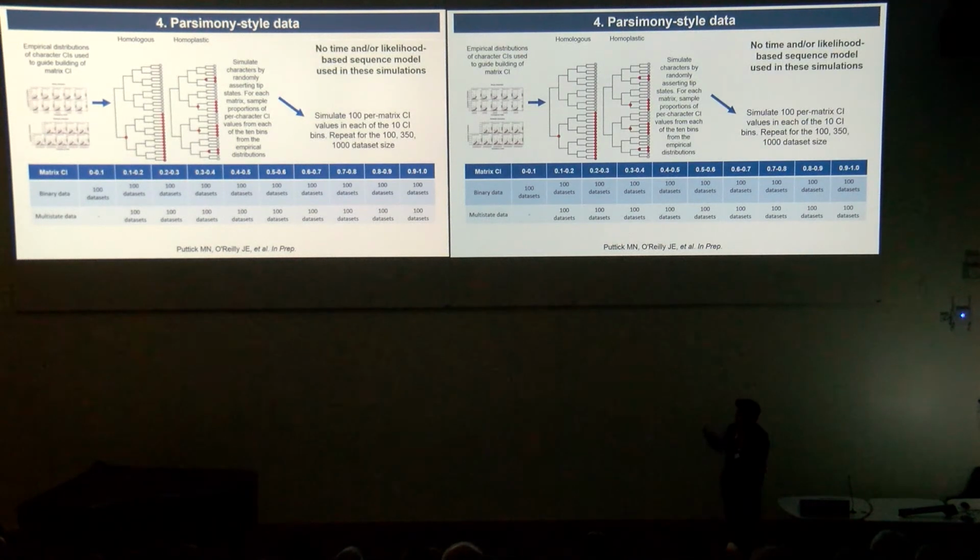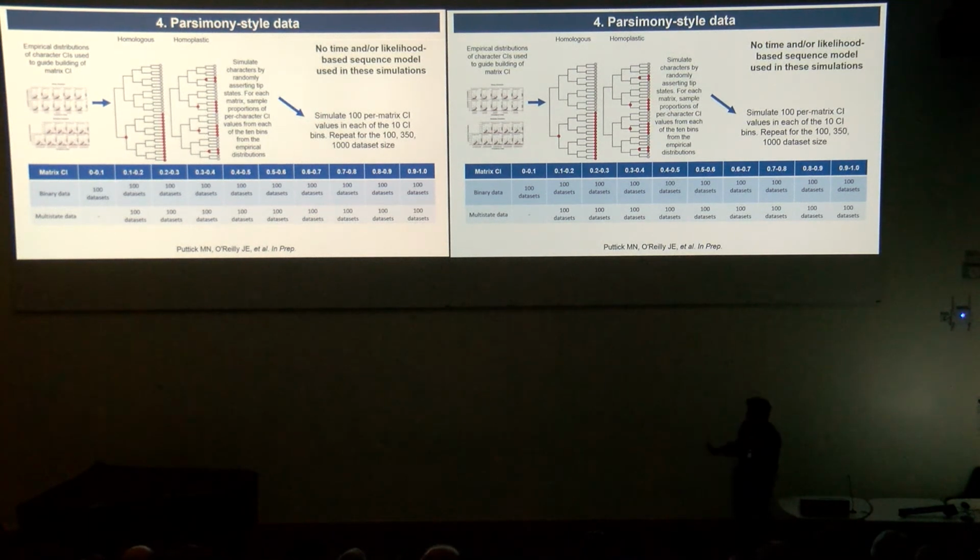So basically we took where we expect consistency indices to be within a matrix and then applied a very simple simulation procedure where we would either say a character is homologous, in which case we would take a node, and all taxa derived from that node share a character state, or it would be homoplastic with some degree of consistency index.